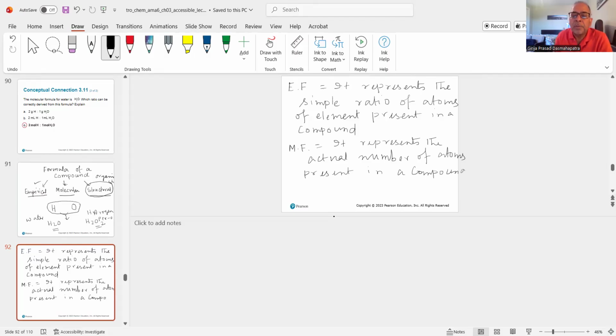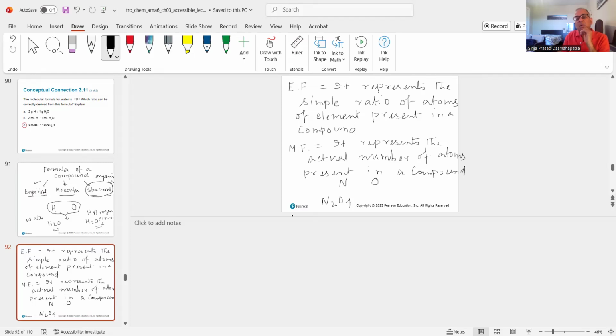So suppose a compound between nitrogen and oxygen. We are talking about nitrogen and oxygen, and they produce a lot of compounds. Actually, if you take these two elements, they produce probably five or six different compounds, but I will be taking a specific compound called N2O4.